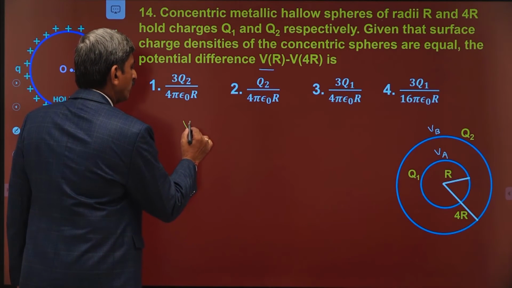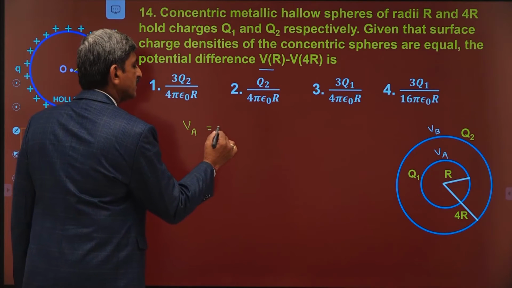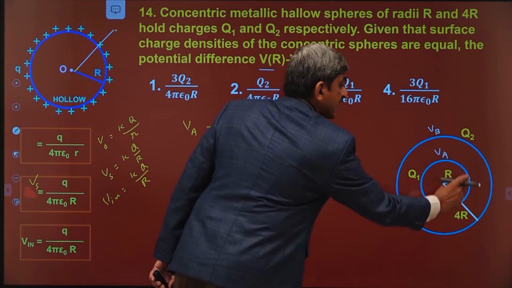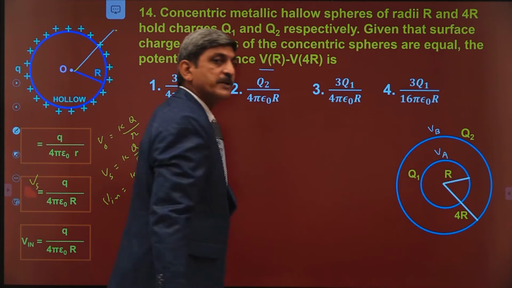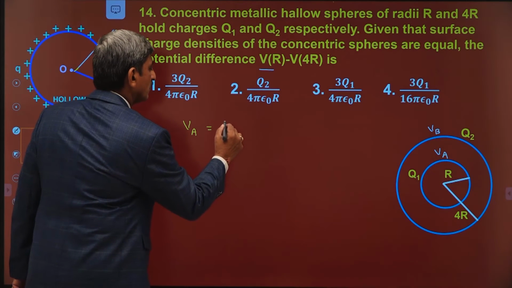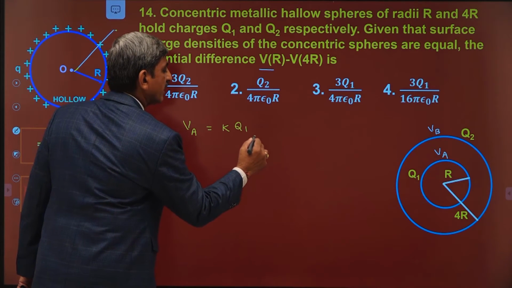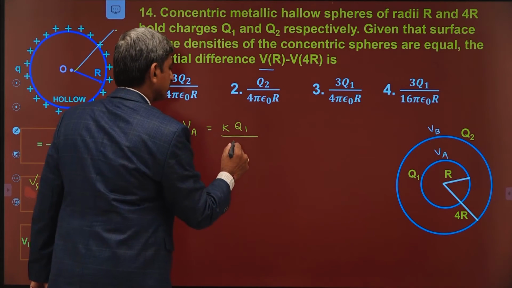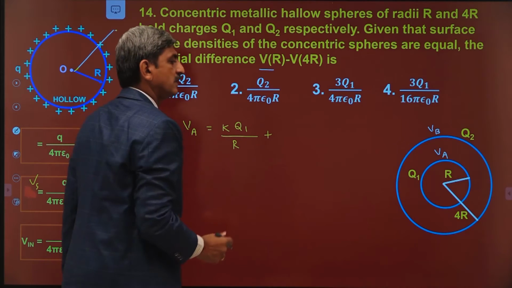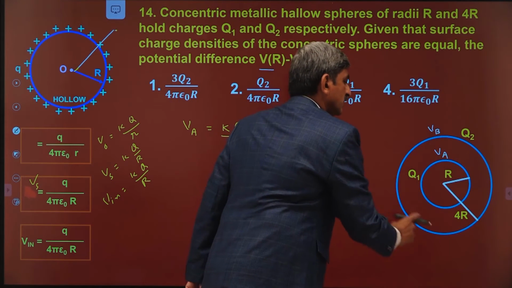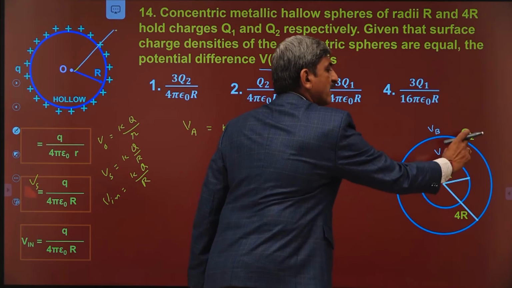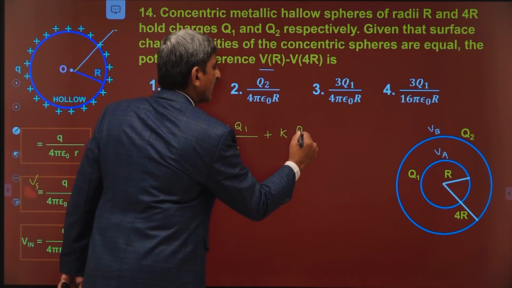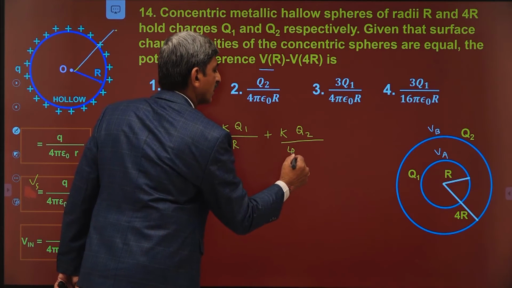First, the potential of sphere A is equal to the potential due to the charges present on the surface of sphere A, which is kq1 divided by the radius r, plus the potential due to the second sphere having a charge q2, which is kq2 divided by 4r.